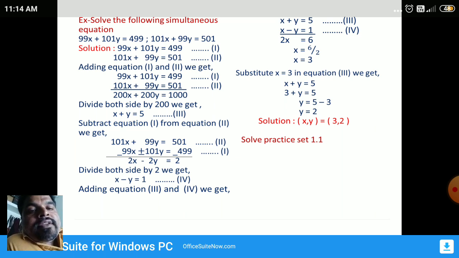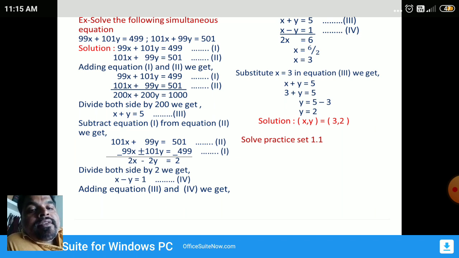The addition of these two equations is 99x plus 101y is equal to 499, and 101x plus 99y is equal to 501. The addition is 200x plus 200y is equal to 1000. Divide both sides by 200, we get x plus y is equal to 5.